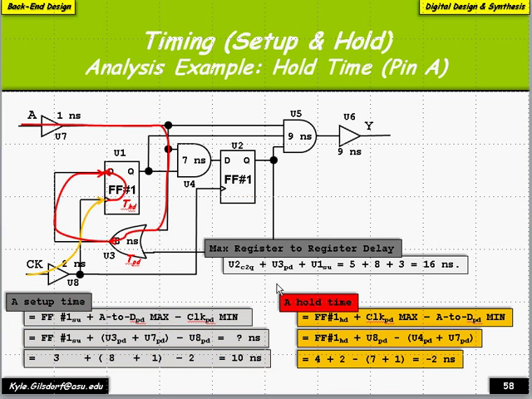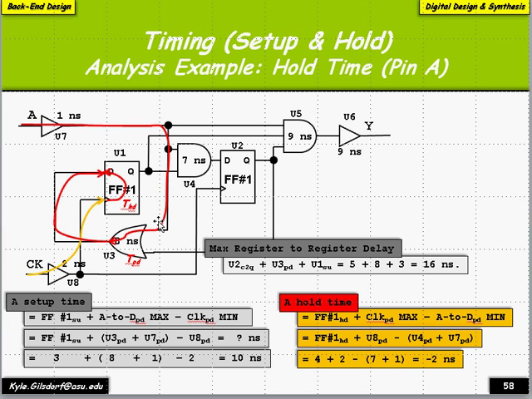Let's look at the hold time now. And the hold time is pretty much the same path. It looks exactly the same. But we're looking at the shortest path now, right? And so there's not much we can do here. There's not much variation. So what we're going to see is that our path is A1.